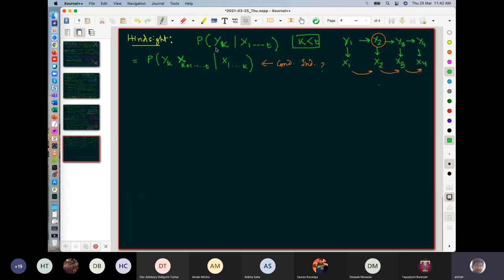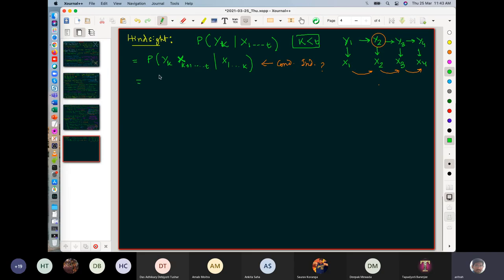So what I did here is that, due to this being 1 to t, and due to the conditional independence of yk with respect to the future ones beyond k, I can write it this way, right? yk, and from k plus 1 to t I can put it here, and up to k I can do it here. This is the conditional independence that I have derived.